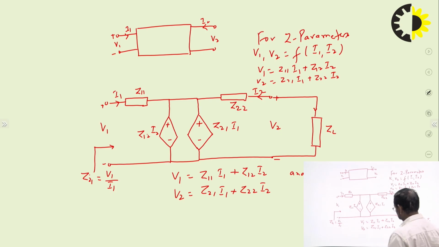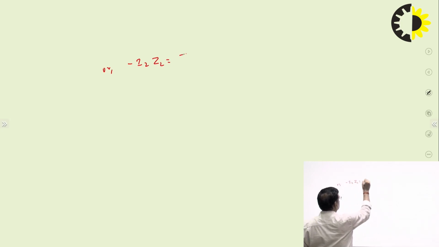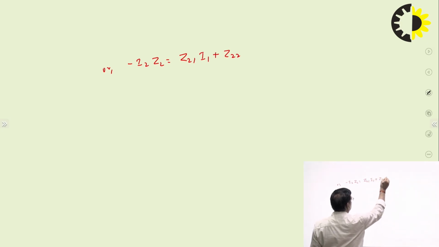Clear? So what we have to do is put V2 equal to minus I2 ZL and solve for this. So we can write minus I2 ZL is equal to Z21 I1 plus Z22 I2.